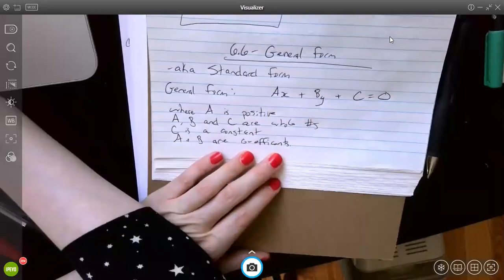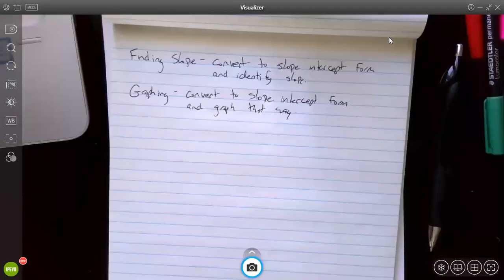Okay, so let's look at how to use this. If you are given the equation of a line in general form and asked to find the slope, the easiest way to do that is to convert the line into slope-intercept form, so y equals mx plus b, and then just read the slope off of that, wherever your m value is.